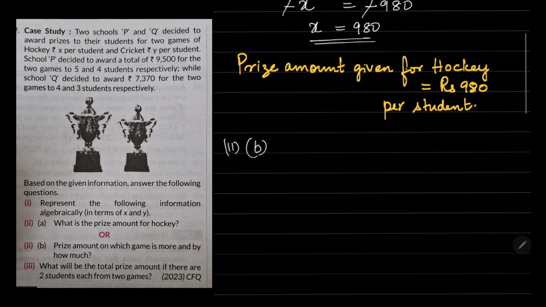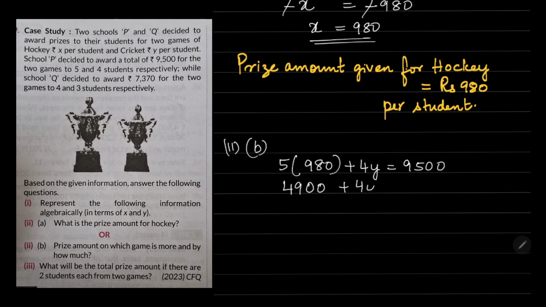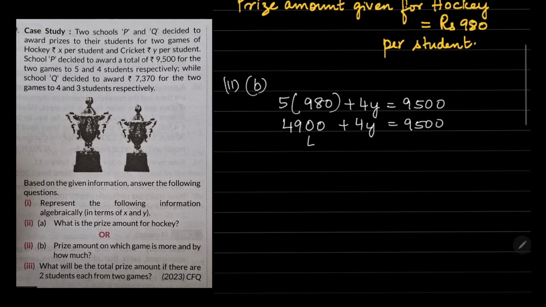Since x is known, let us substitute in 5 multiplied by 980 plus 4y, substituting it in the first equation, equal to 9500.